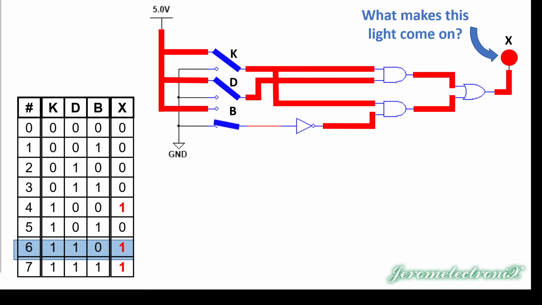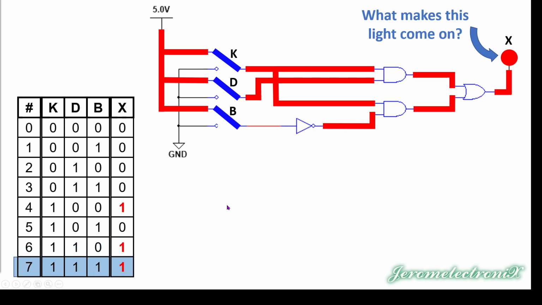What that did was it pressurized the line, allowing 1 times 1 through the top AND gate, which results as a 1. There's still a 1 coming from the lower AND gate, and going through the OR gate, 1 plus 1, true plus true, is true, and so that's why that LED is coming on there.